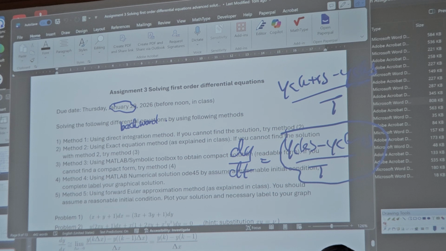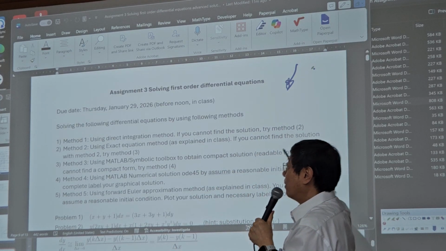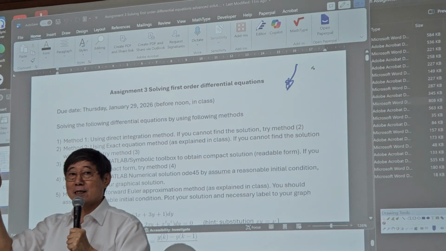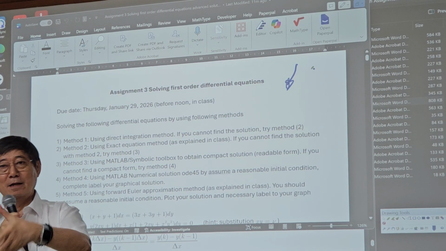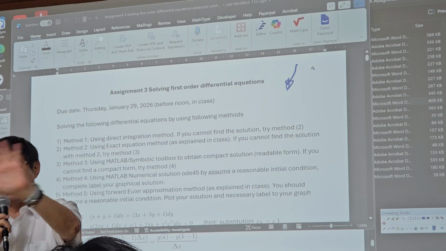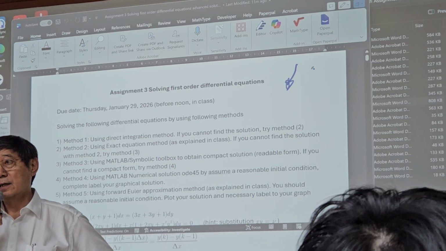One is the volunteer room temperature model. The other one is this one. This one you can submit next Thursday. Not today. If you want to submit today, it's fine.